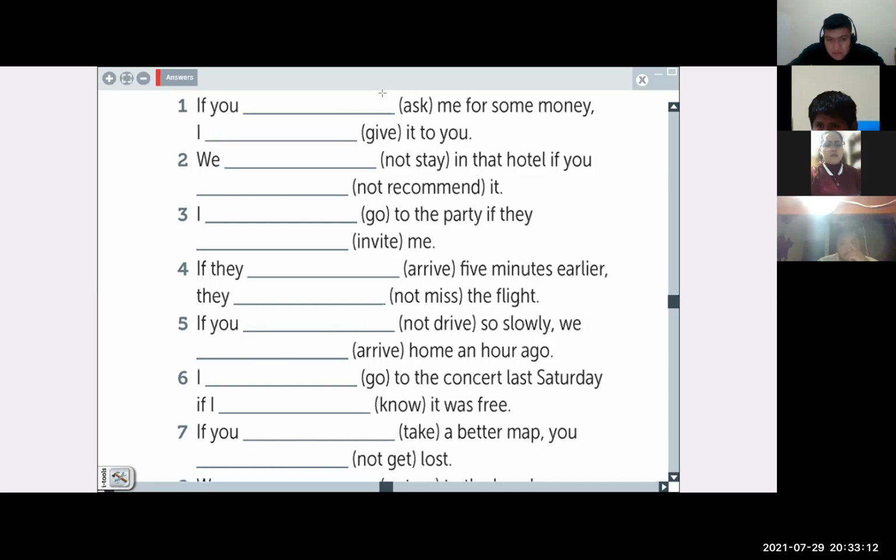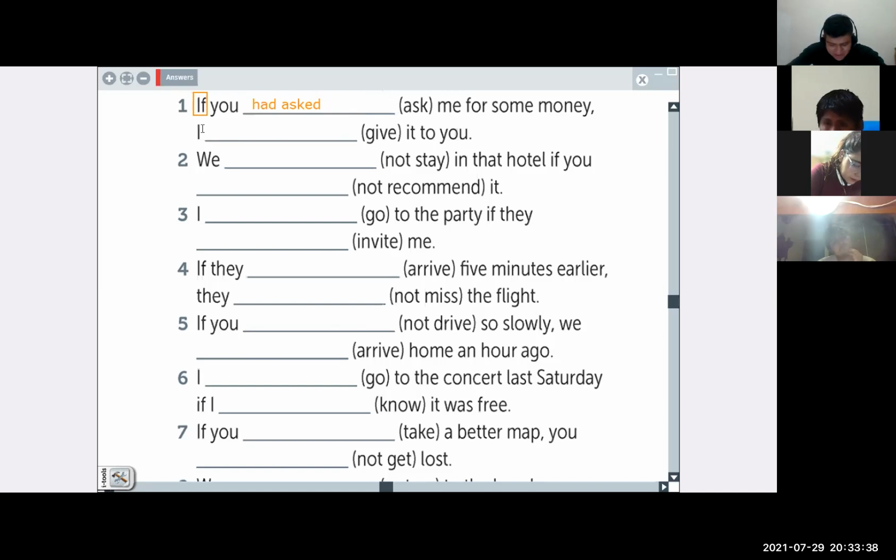Remember that in the if clause, you need to use the past perfect, right? How do you complete this one? If you had, and the verb? Asked. Ask, very good. Asked me for some money, I will.